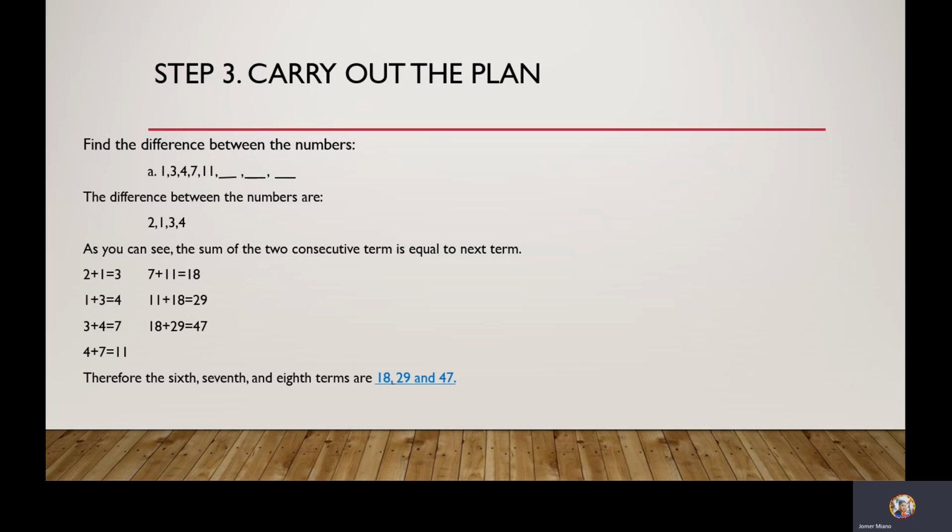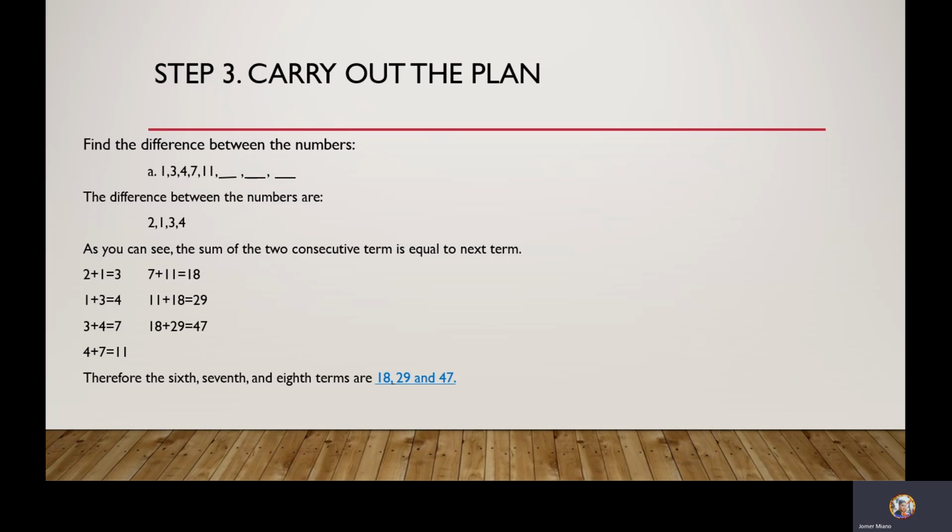So, dito, we just analyze the pattern of the difference between the numbers. So, find the difference between the numbers 1, 3, 4, 7, and 11. And the difference between the numbers are 2, 1, 3, 4.